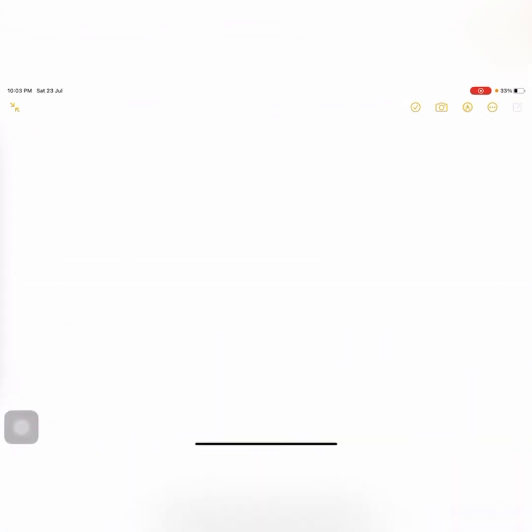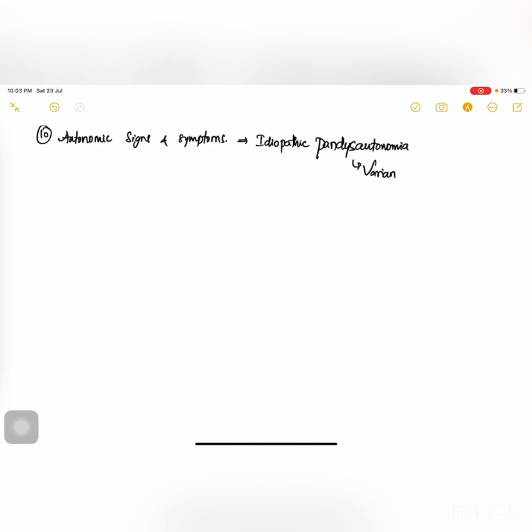Now coming to the last pattern, that is autonomic signs and symptoms. Peripheral neuropathy with autonomic signs and symptoms is seen in idiopathic pandysautonomia, which is a variant of GBS, Guillain-Barré syndrome.